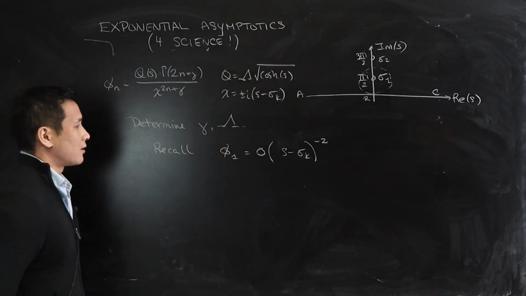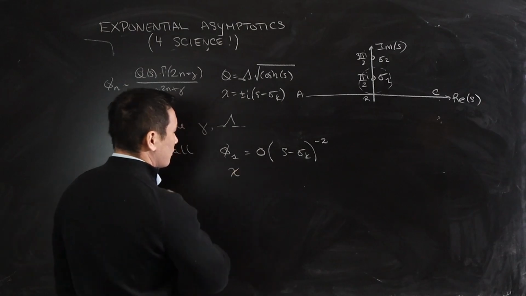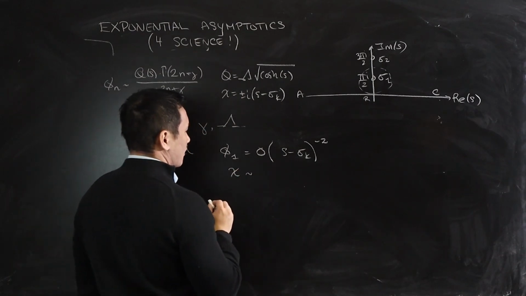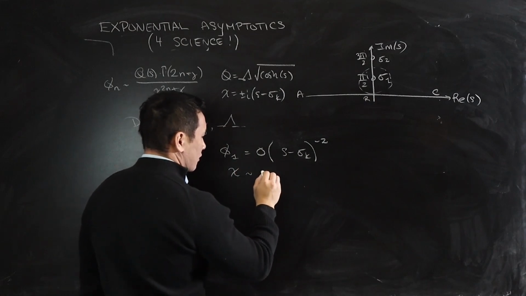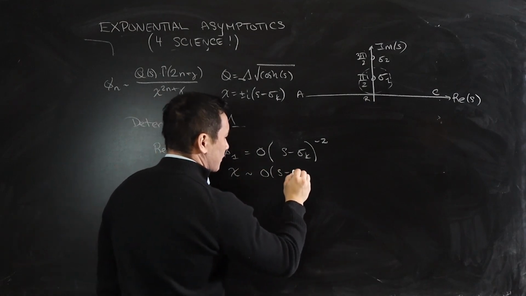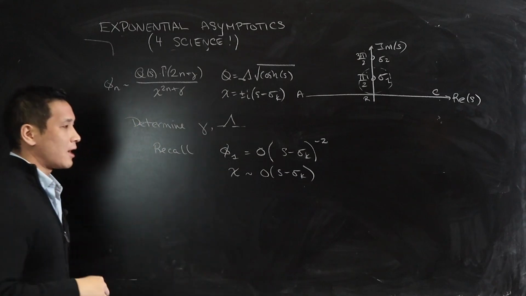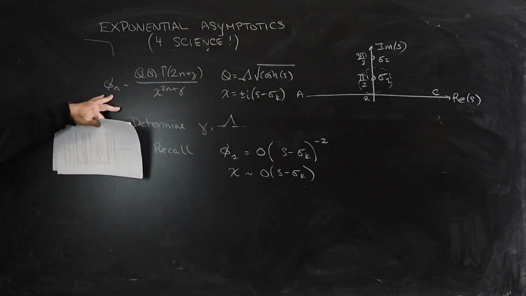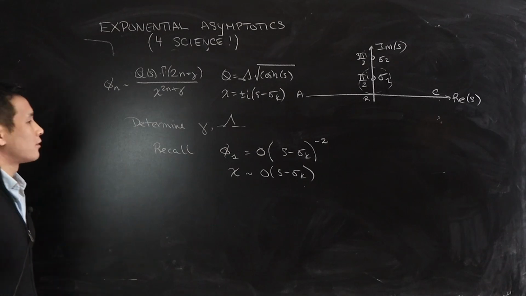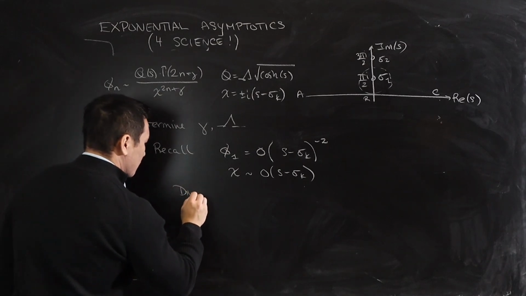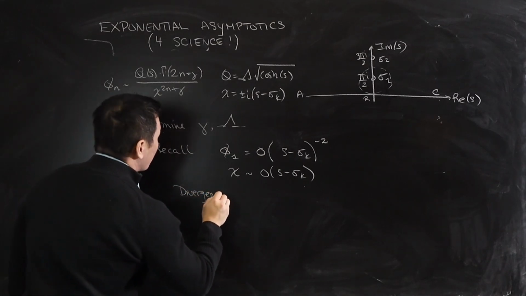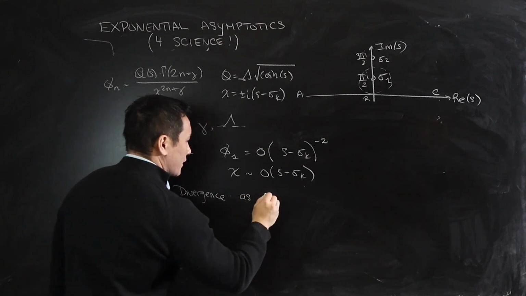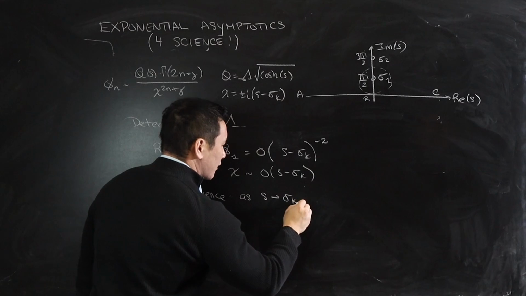And you'll remember that chi is essentially of order s minus sigma k. It's i times s minus sigma k. So if I assume that this rule is true, then the divergence must follow in the limit as I approach the singularity.